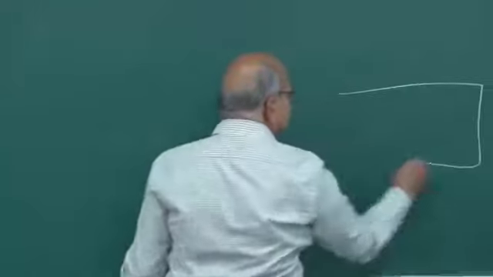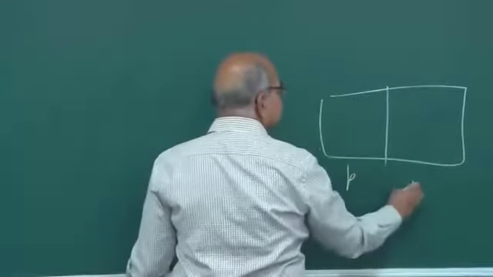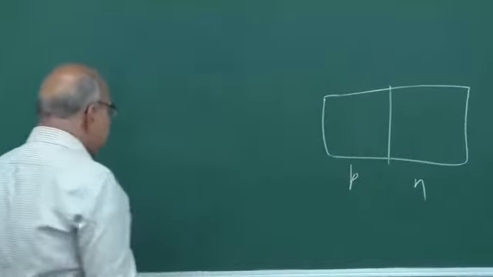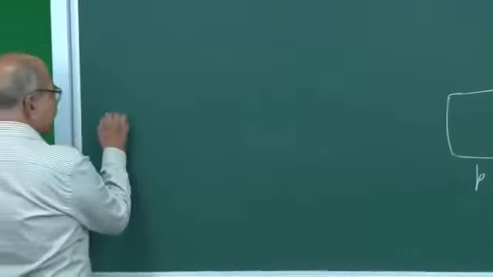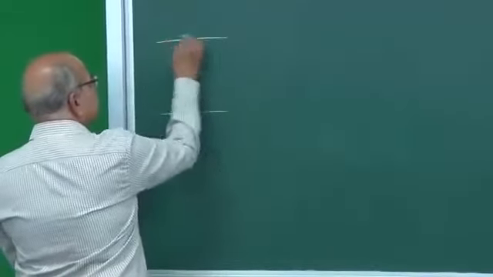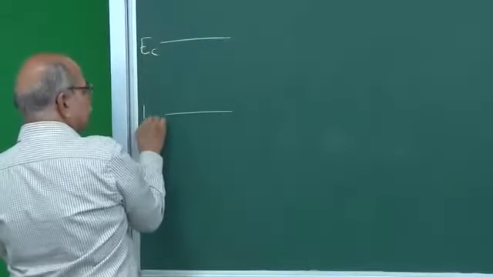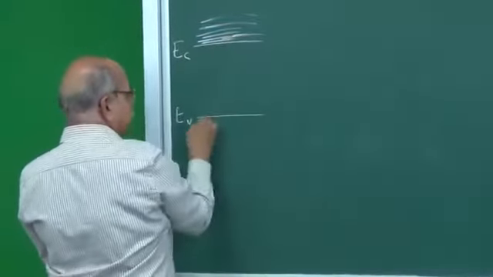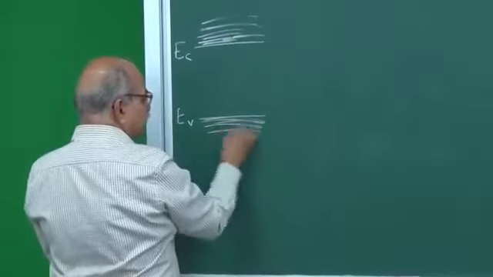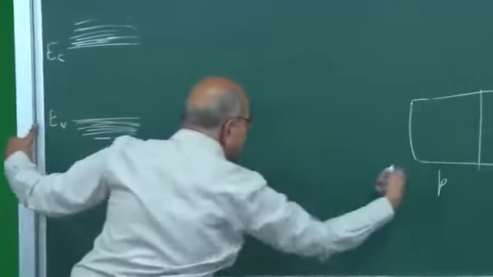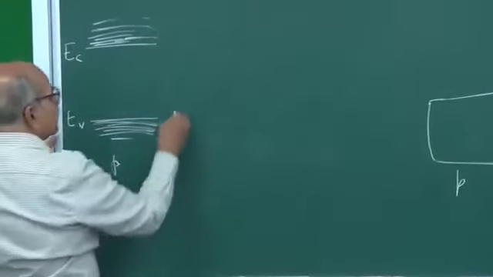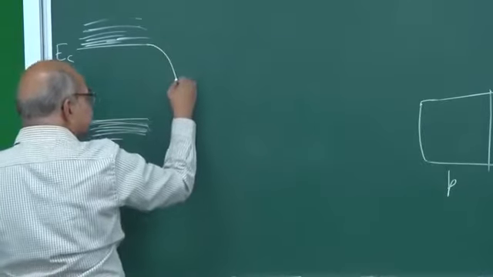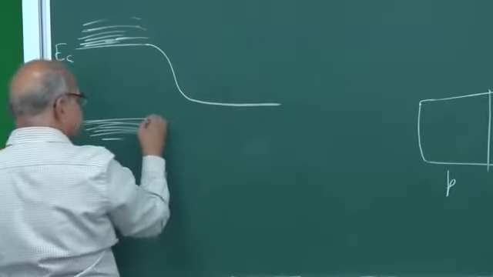So if you have this p-n junction, this is the p side, this is the n side, and if you write the energy bands, conduction band and valence band, say this is EC and this is EV, so the conduction band is here, the valence band is here, and well away from the junction in the p side, you have a bending out here.